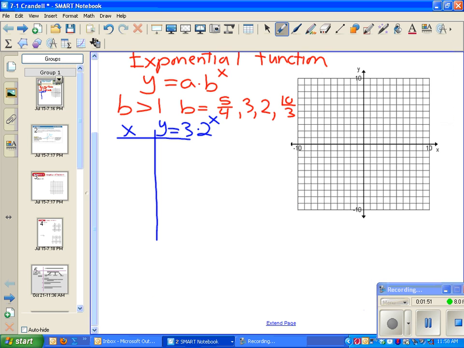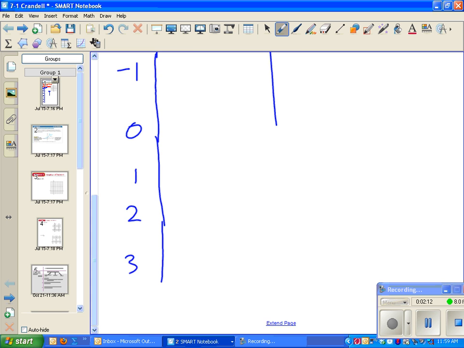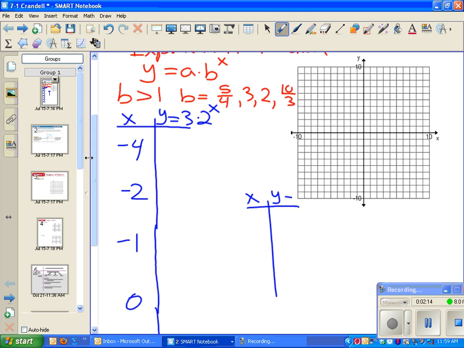So we can do something like -4, -2, -1, 0. We can do a bunch more over here. We can continue this. We can also do +1, +2, +3. Okay, so go ahead and plug in -4.